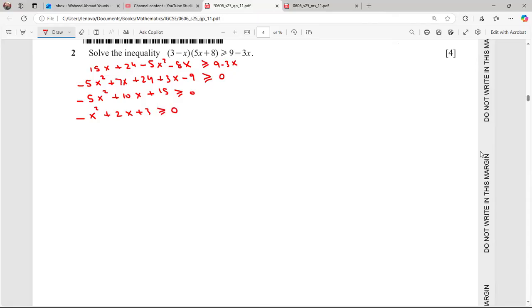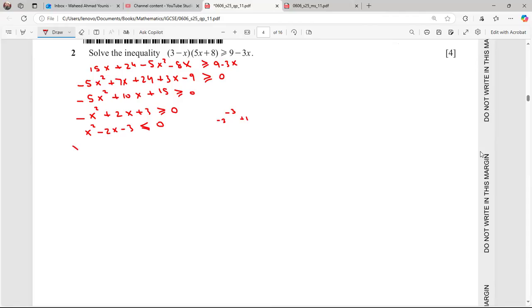And if I multiply everything by -1, I need to reverse this inequality. So it's going to be x squared minus 2x minus 3 is less than or equal to 0. This can be factorized. Taking the factors of minus 3, 3 times 1, one negative and one positive, will make minus 2.